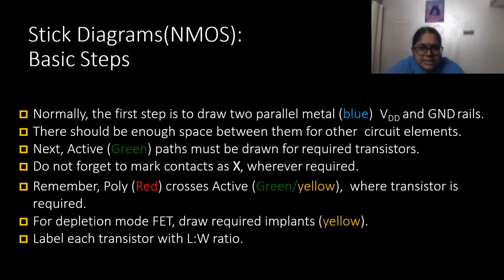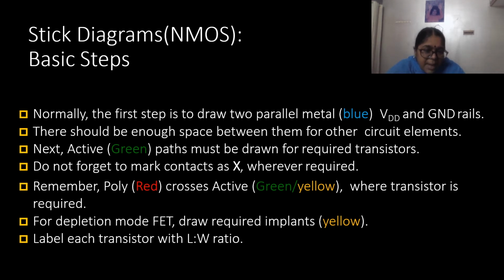For an NMOS stick diagram, that is when a stick diagram needs to be drawn for circuitry using NMOS transistors, normally the first step is to draw two parallel metal VDD and ground rails. There should be enough space between them for other circuit elements. Next, active or green paths must be drawn for the required transistors.